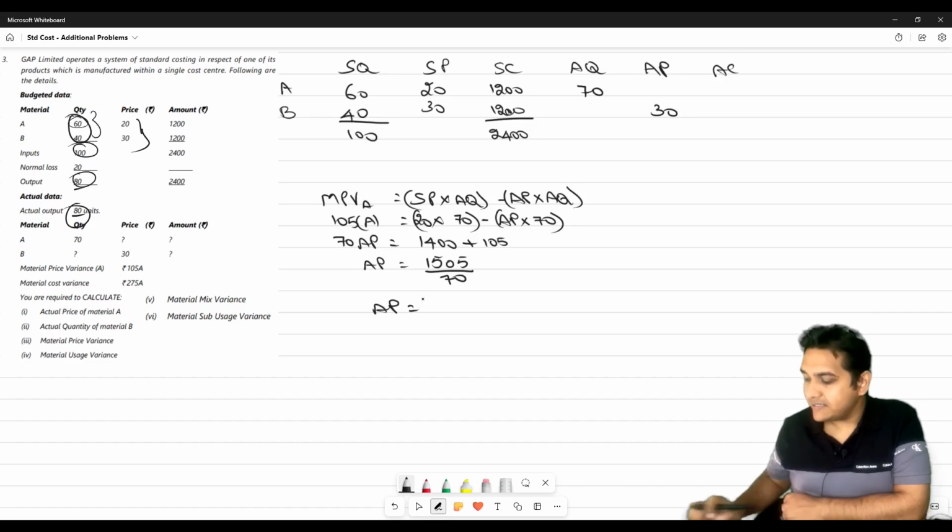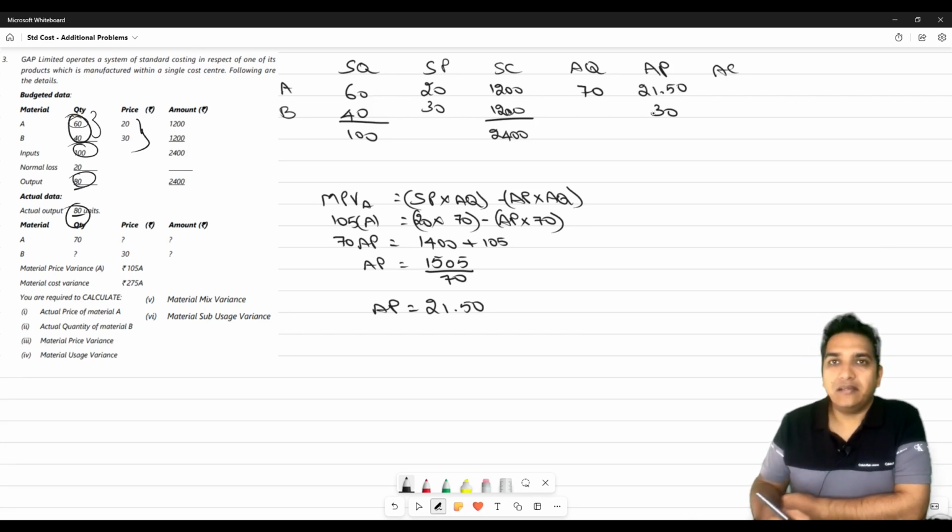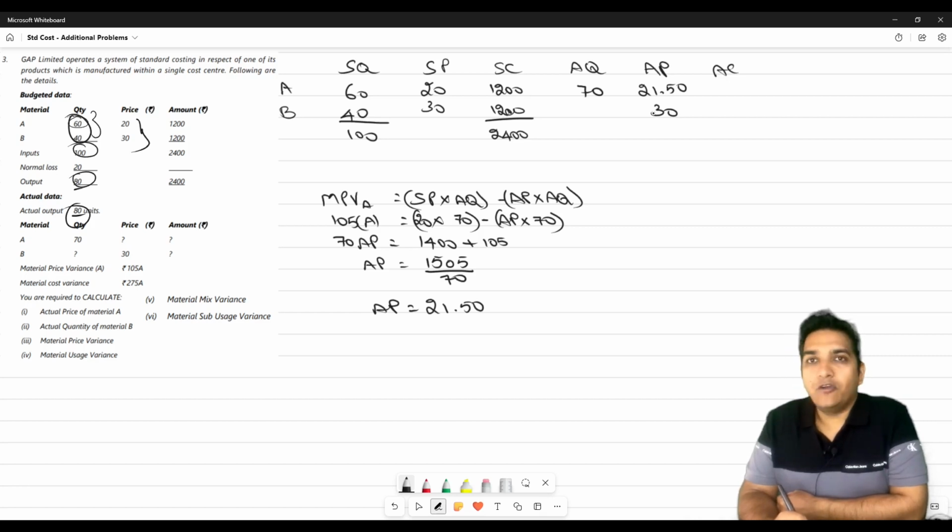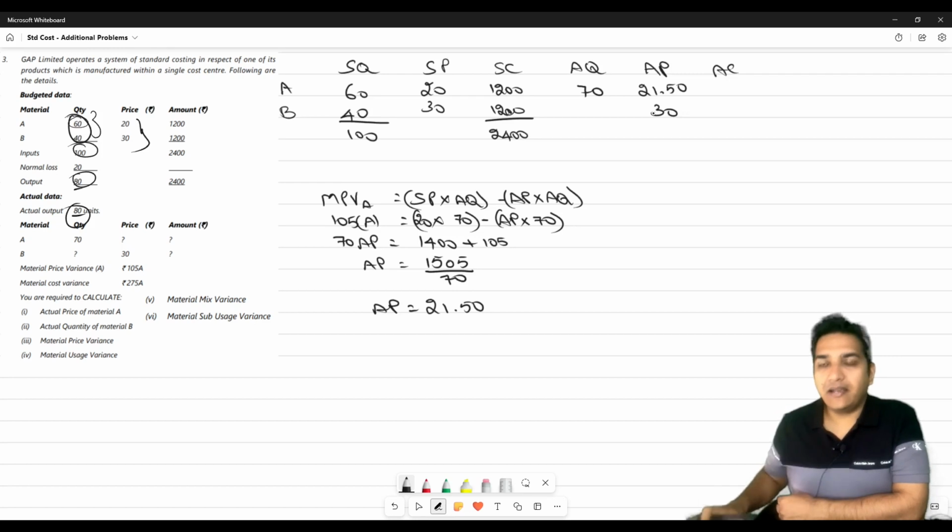Actual price is 21.5. So we get this 21.50, right? Now we have got our actual quantity and actual price for A, so we can calculate our actual cost. We will just multiply 70 into 21.5, we get 1505.